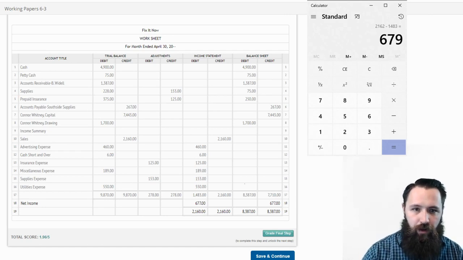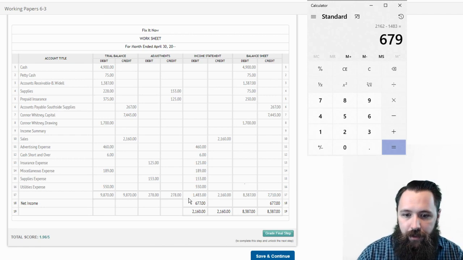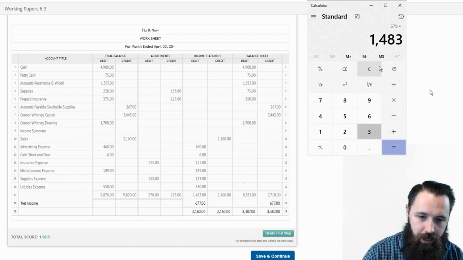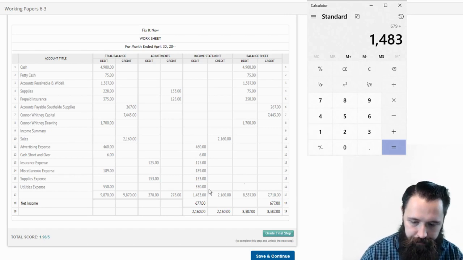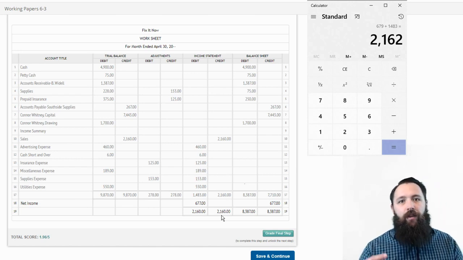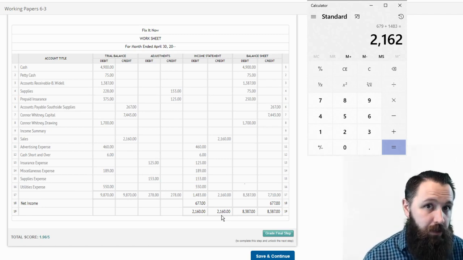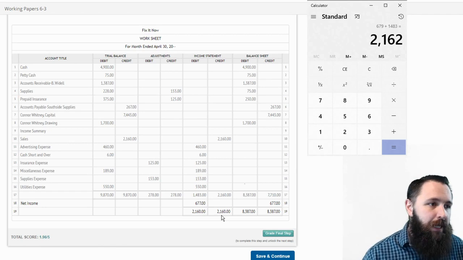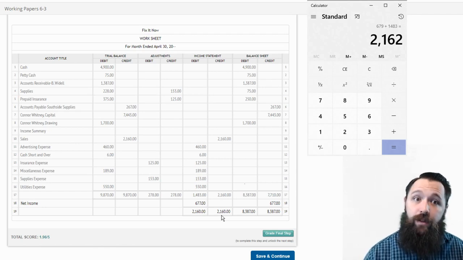Now, think about this for a second. 679 would be our new net income. And if I took 679 plus 1,483, our amount here, what would it equal? It equals 2,162. So on our income statement, the amounts would actually balance.